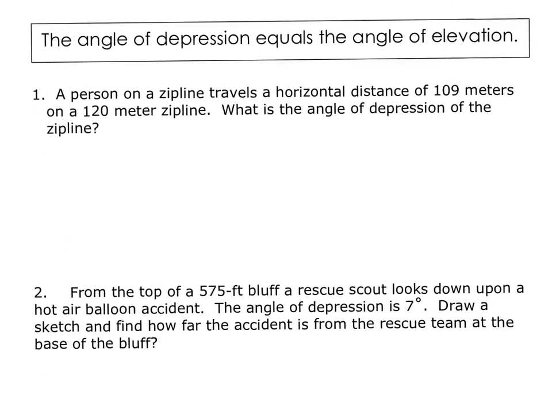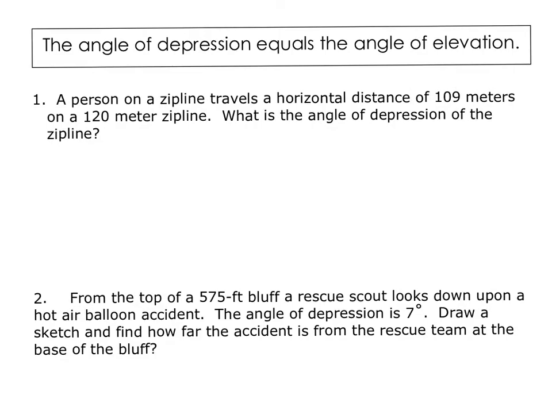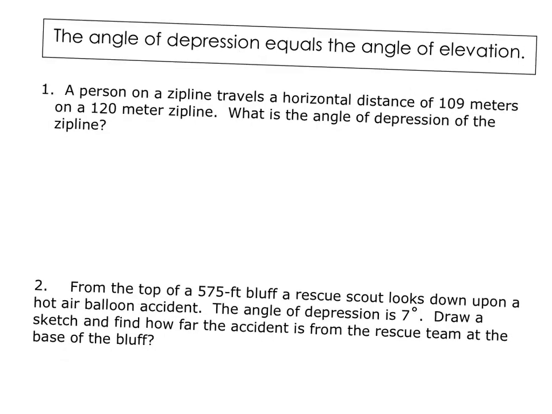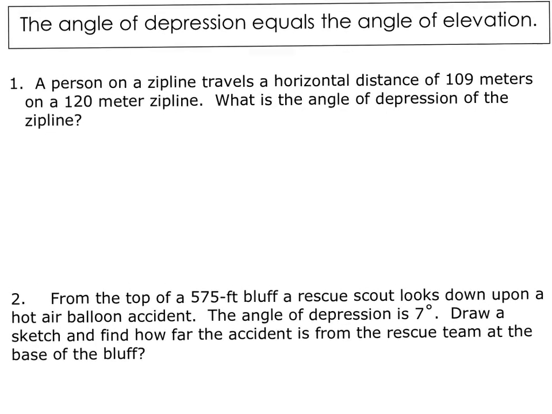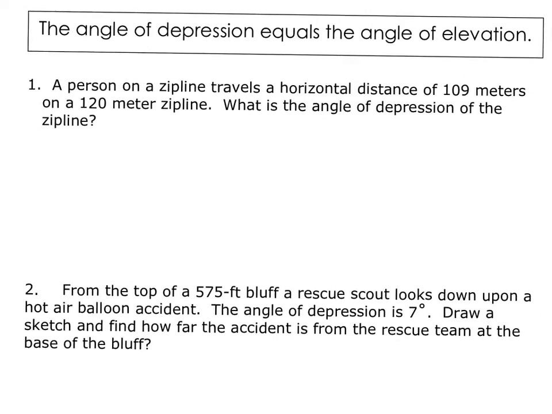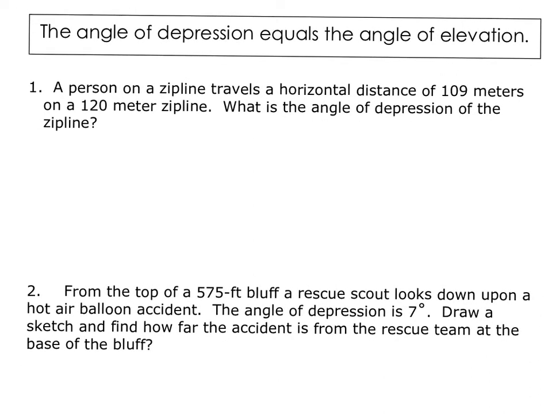All right, so a person on a zip line travels a horizontal distance of 109 meters on a 120-meter zip line. What is the angle of depression of the zip line? So I like to start off by drawing a picture of this.